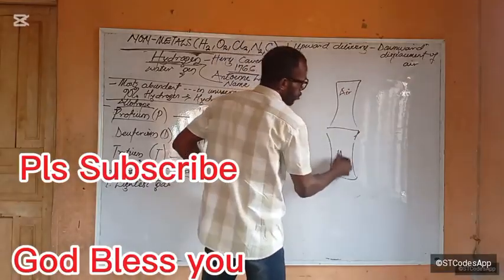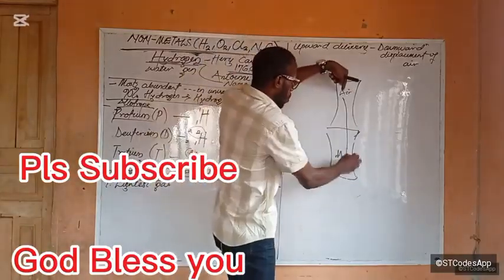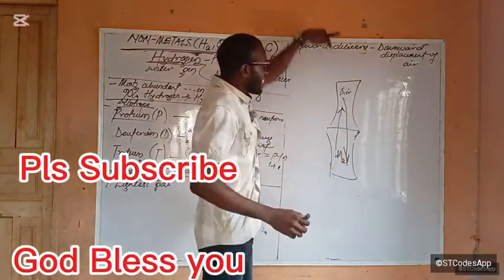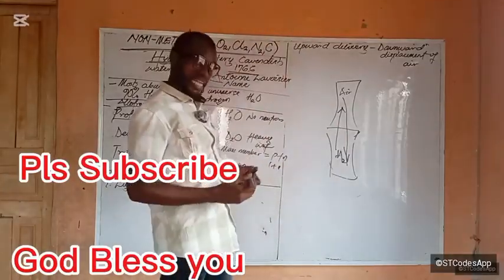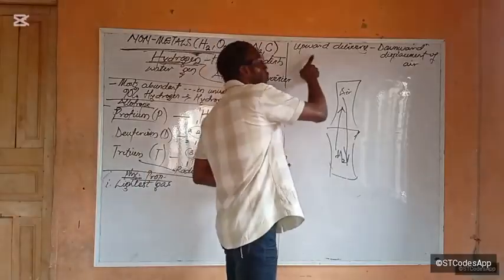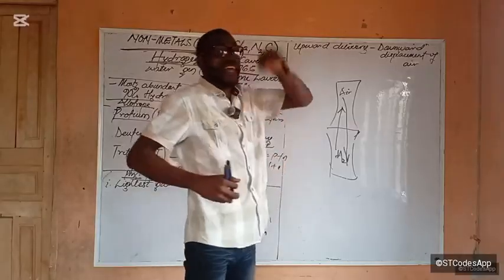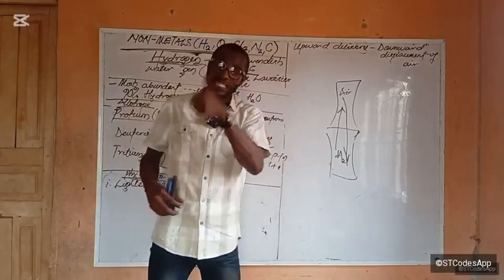Initially there's hydrogen gas here. After a while, air will come down, hydrogen will go up. So it means that air is displaced downward, hydrogen is displaced upward. Is that clear? So upward delivery or downward displacement of air. It means that if something is heavier than air, denser than air, that's how to think of it. That's the word, denser than air.